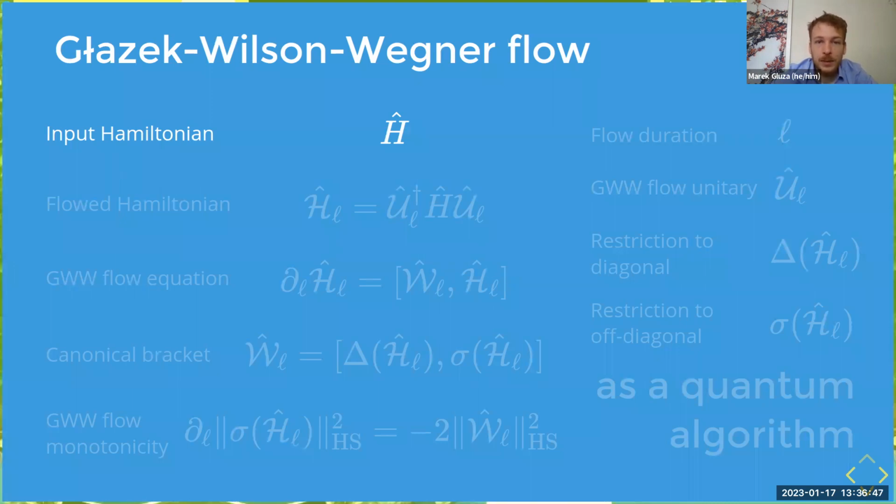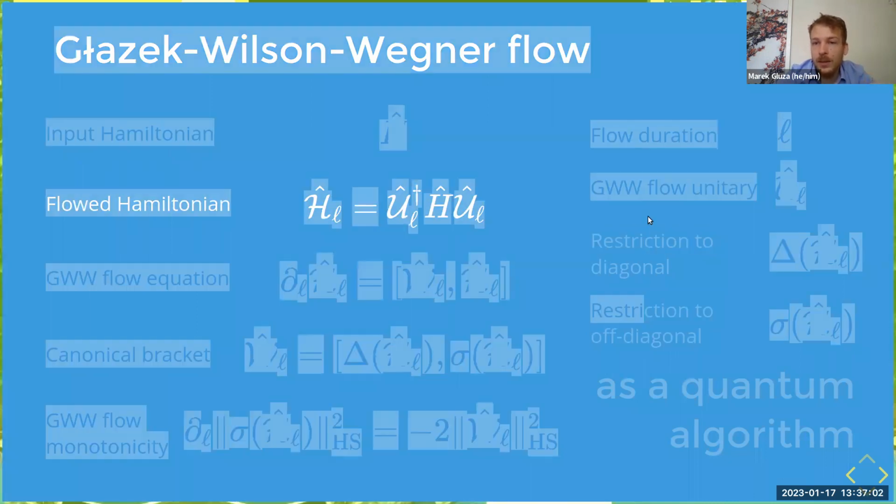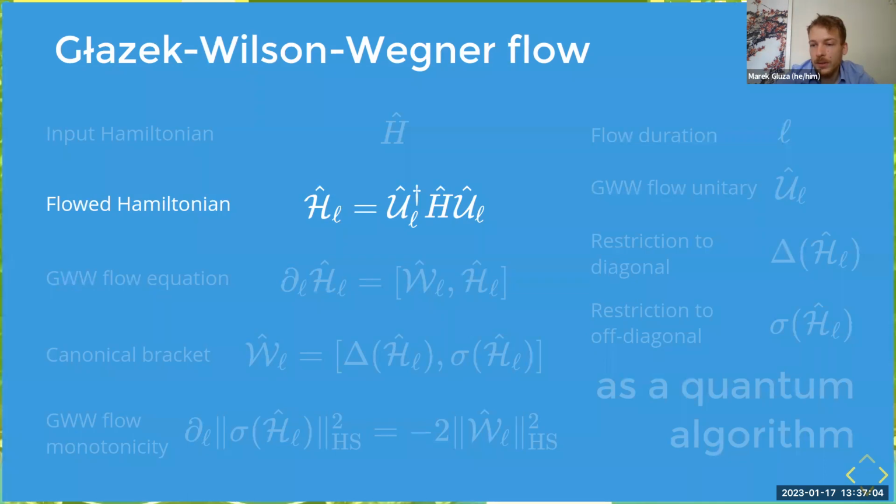And the way we will do it is that we will flow this input Hamiltonian. The flowed Hamiltonian is defined as basically a unitary rotation of the input Hamiltonian. And the idea is that as the flow duration L goes towards infinity, this flowed Hamiltonian curly H sub L will become always more diagonal.